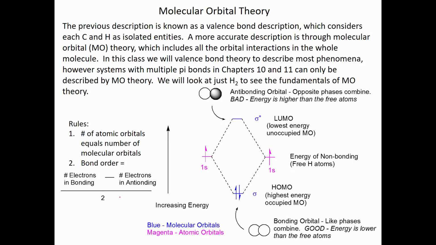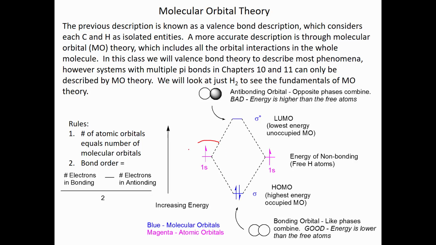All right, so I'm just going to draw the molecular orbital diagram of the hydrogen molecule just so that we understand the fundamentals of molecular orbital theory. Outside of the diagram, the atomic orbitals are in magenta.